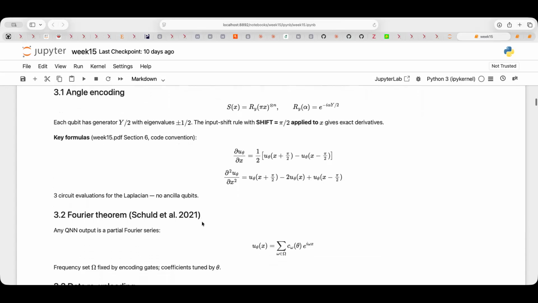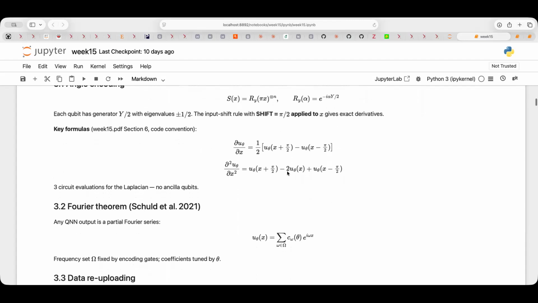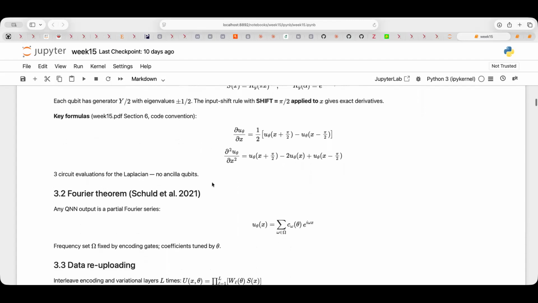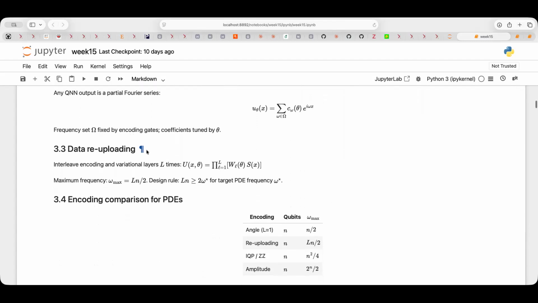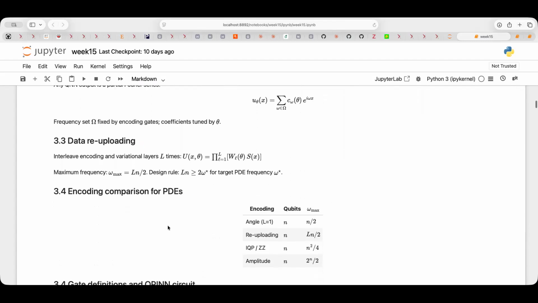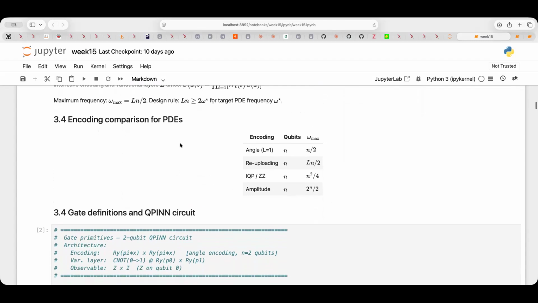And then we have the standard parameter shift rule, and also for the second derivatives, we would have this derivative rule, which you see here, which is just a 3-point formula. And that leads to 3 circuit evaluations for the Laplacian. So there are no ancilla qubits here. You can also use Fourier theorem and have a QNN output in terms of a partial Fourier series. You have data reuploading and the encoding comparisons for the typical PDEs, which are included in the code here.